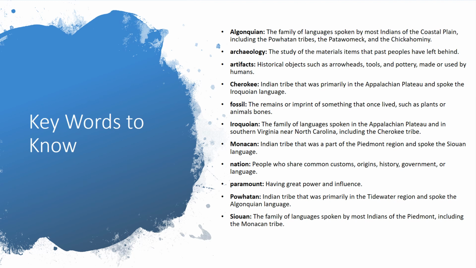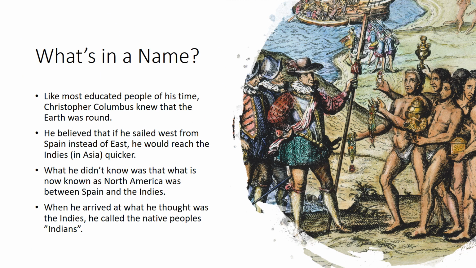Paramount means having great power and influence. Powhatan is an Indian tribe that was primarily in the Tidewater region and spoke the Algonquian language. Siouan is the family of languages spoken by most Indians of the Piedmont, including the Monacan tribe. Now we're ready to roll.